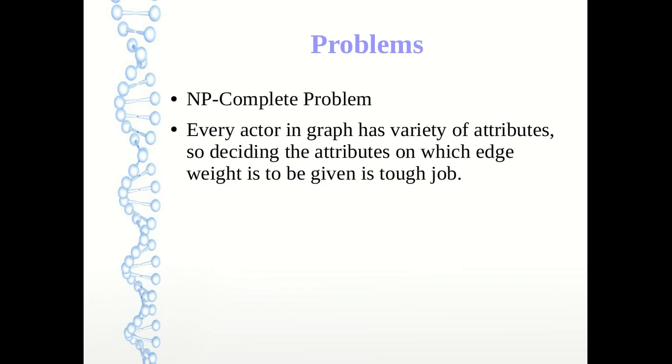The next problem is more of a practical problem, observed when we practically try to find the different communities. Every actor in the graph has a variety of attributes, so deciding the attributes on which edge weight is to be given is a tough job, because these edge weights decide how our communities will be divided.